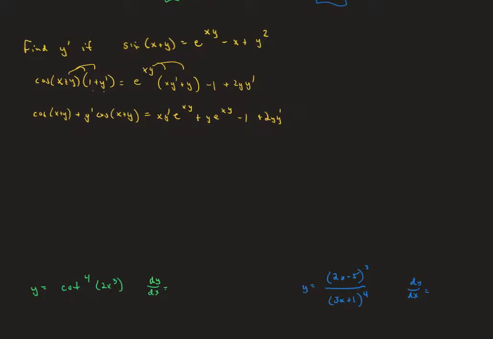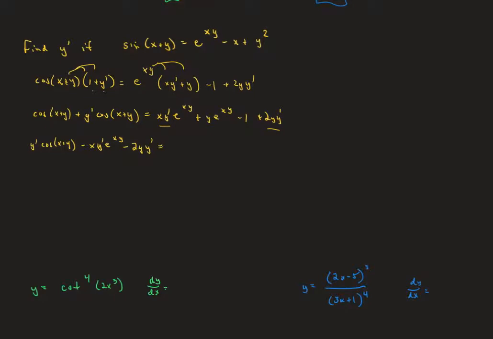So let's see, I'm going to bring the y prime terms to the left. So we have our y prime and the cosine of x plus y. I'm going to move the 2y prime and the xy prime e to the xy to the left side. That's a minus xy prime e to the xy and a minus 2y prime on the left side.